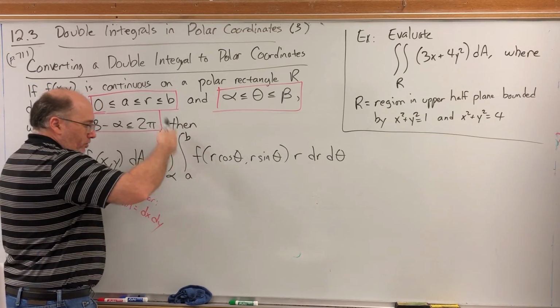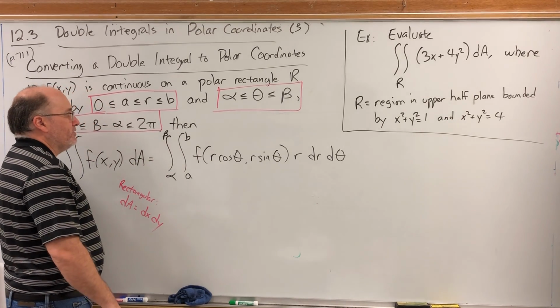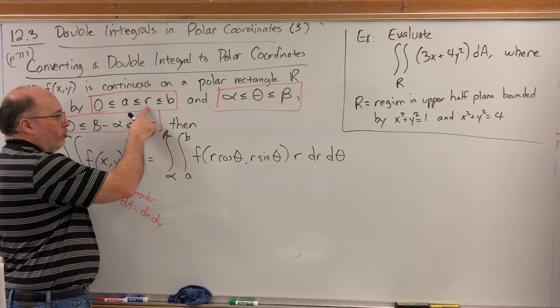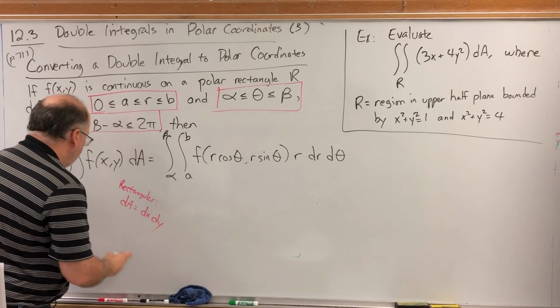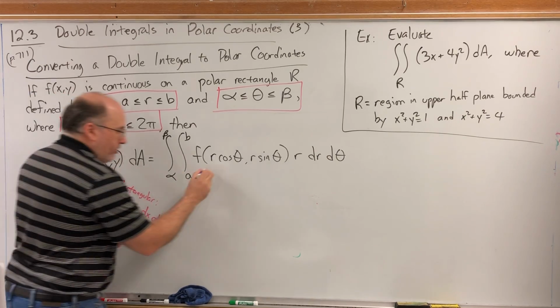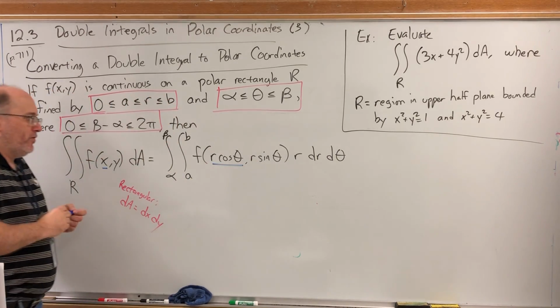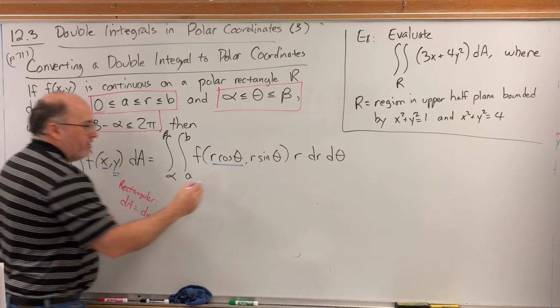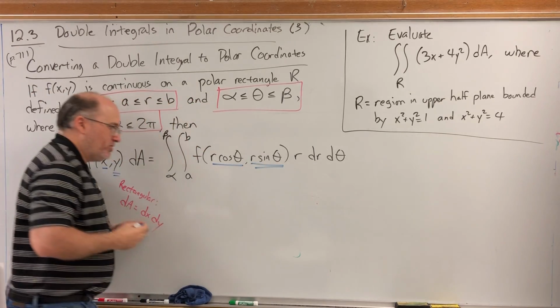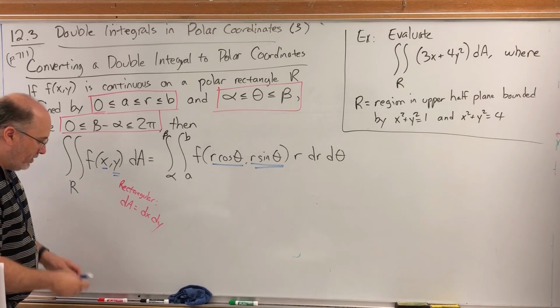The other integral is defined over the range of values for the radius from A to B. Inside the function, you change x to r cosine theta, which was one of our conversions in the first video. And you change y to r sine theta, which was another conversion in a previous video.